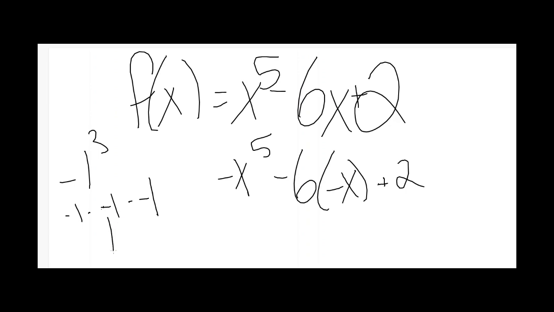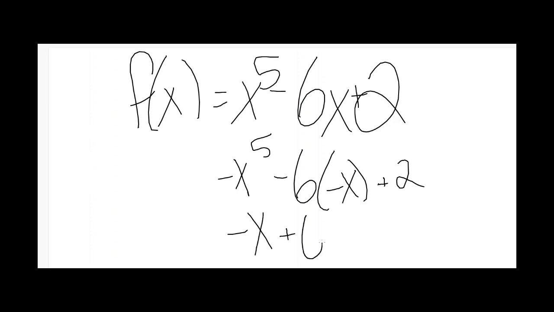This will make positive 1, and then you multiply 1 by negative 1, which will just be negative 1. So therefore, anything negative to the power of an odd exponent will always be negative. So we'll know that this will be negative x to the 5 plus 6x, because negative times a negative is always positive, plus 2, is equal to f of negative x, right?